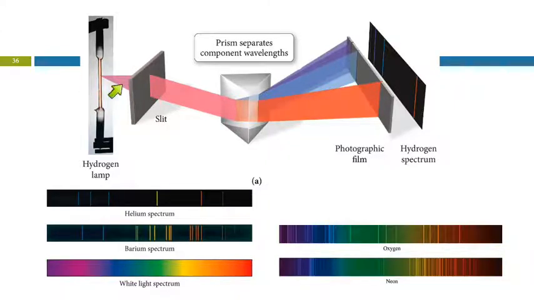We send that through a prism. The prism separates it according to wavelength, but instead of seeing a rainbow like we would with sunlight, we're just going to see a few specific lines. This red line would be over here in the red part if it was white light going through.